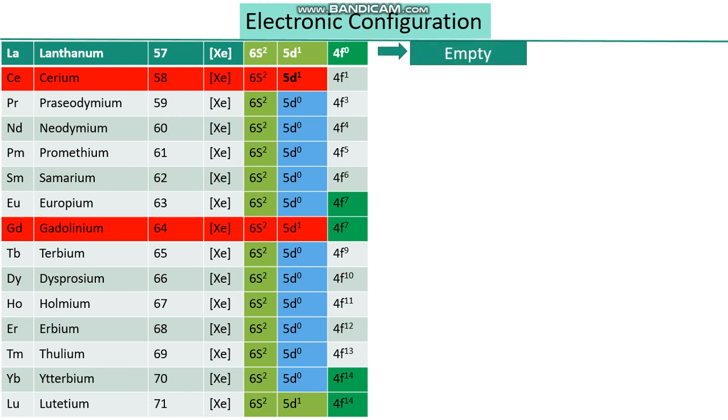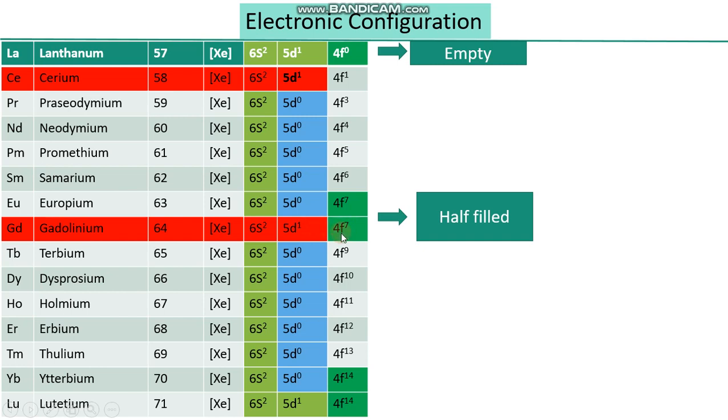There are three portions which are of prime importance. One is at the beginning, which is the 4f0 system for lanthanum, and this is an empty system. These two systems are half filled. In this case, we can explain why the rules have been violated, because 4f7 is relatively stable as compared to 4f8.